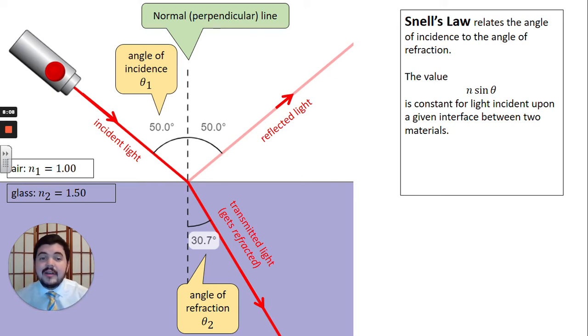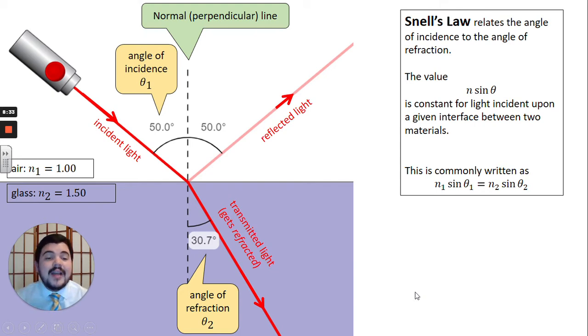The value n sine theta, so you take your index of refraction, you multiply it by the sine of the angle, is constant for light incident upon a given interface between two materials. So if we take this 50 degree angle, take the sine of that 50 degree angle, multiply by 1, and if we take the sine of this 30.7 degree angle, multiply by 1.5, we should get the same thing.